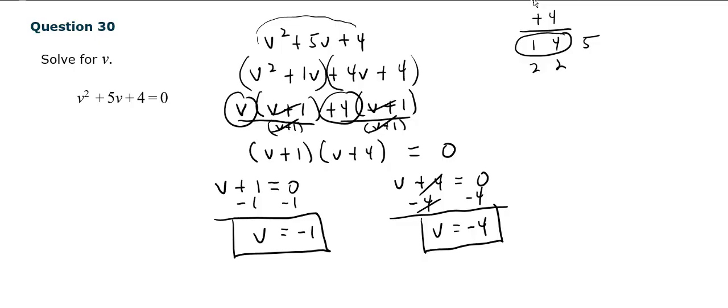And you can always check these answers as well by plugging them in one at a time. -1 for v and making sure it equals 0. And then once you've done that, you'd plug in -4 for each v to make sure that that would equal 0 as well.